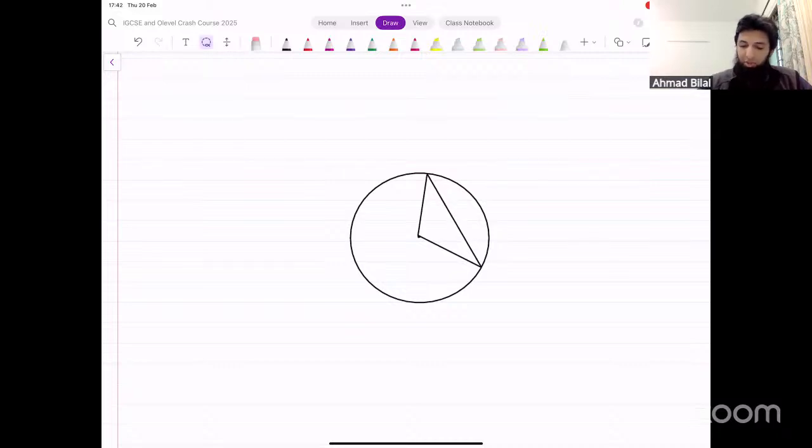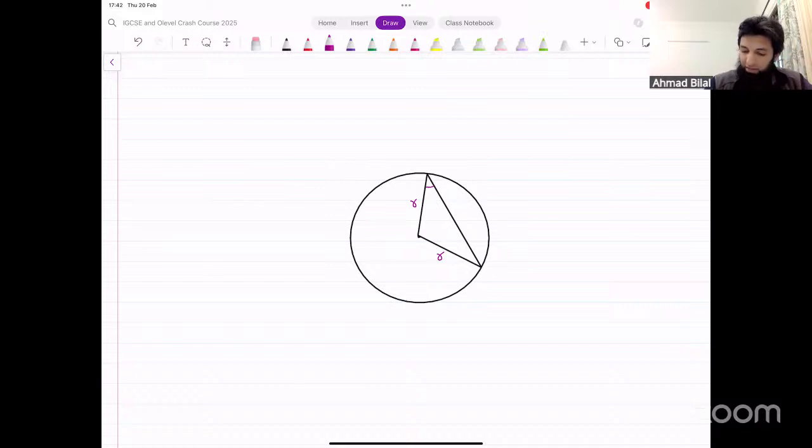Why? Because if two sides are radius, then whatever the other side is, we have two sides equal. This is going to be an isosceles triangle. Okay? When you have an isosceles triangle, the opposite angles here are going to be equal.